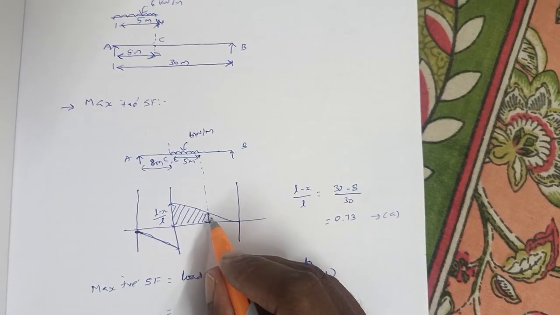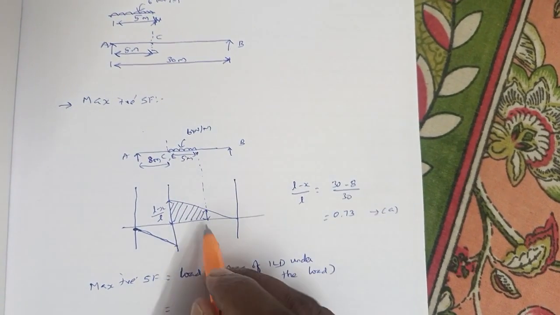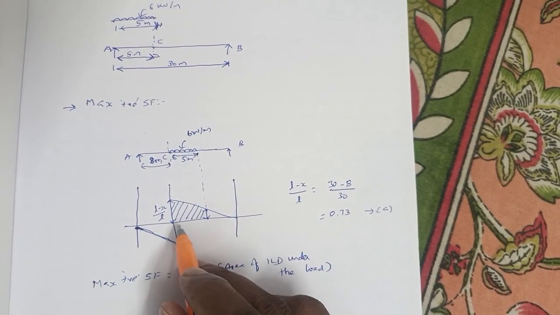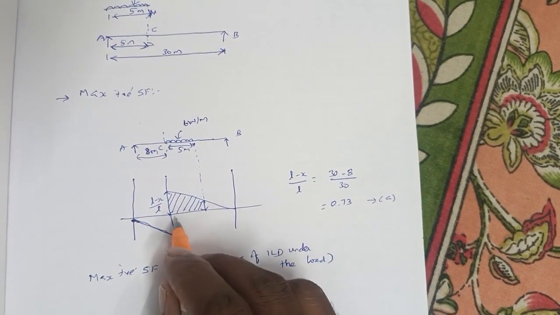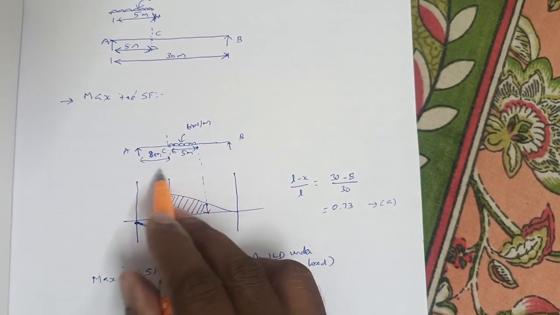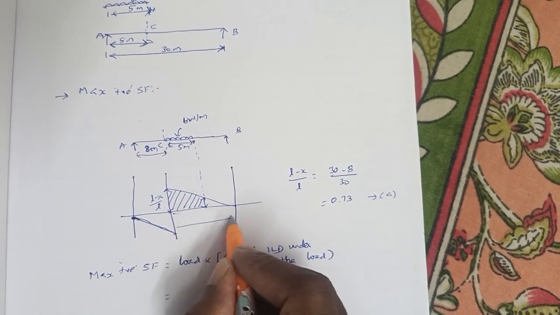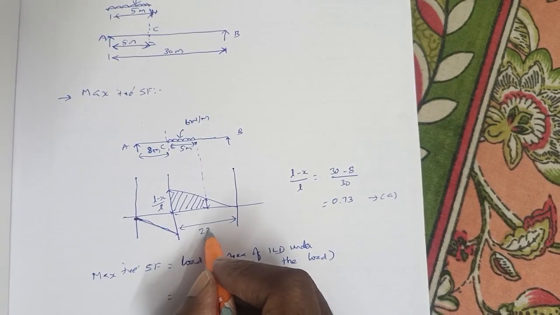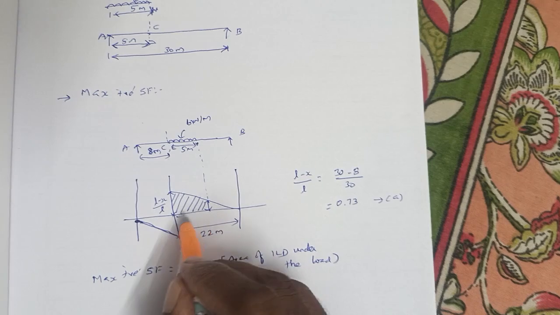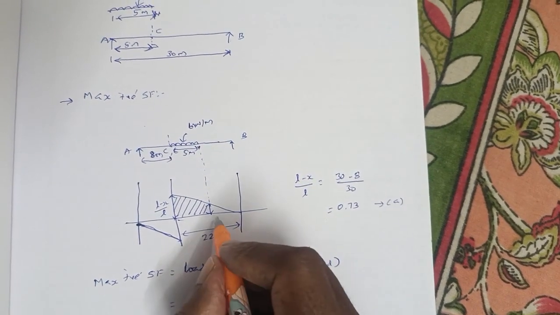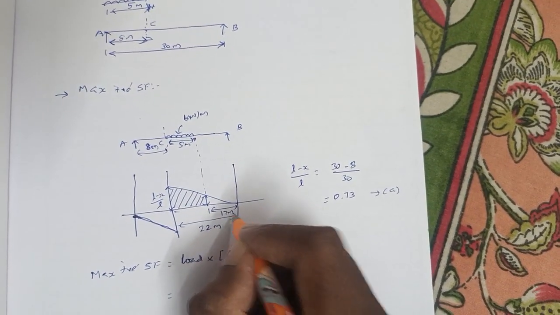And this is the ordinate at the head of the UDL. To find this ordinate, we have to see the proportion of horizontal to vertical. This length is 30 minus 8, which is 22 meters. If we subtract the running length of the UDL from 22 meters, which is 22 minus 5, we get 17 meters.